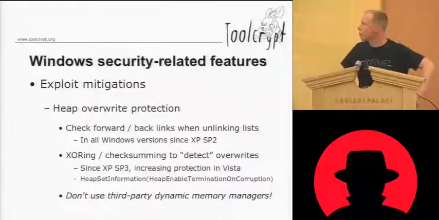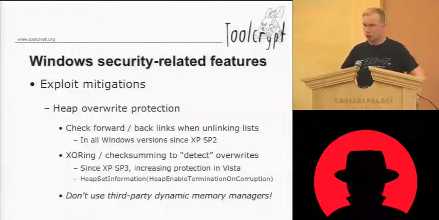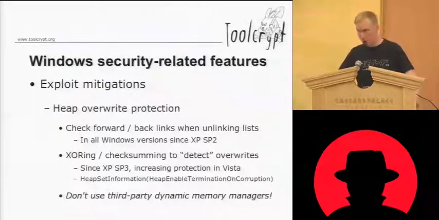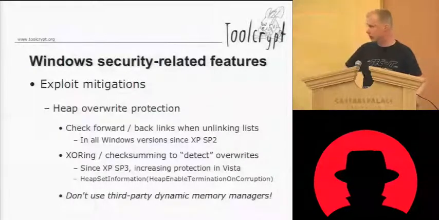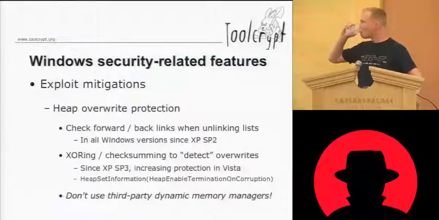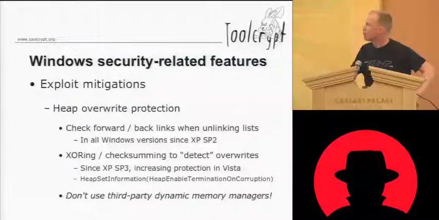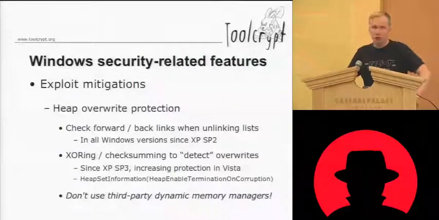So just as with the /GS protections in the toolchain, in Windows, in the default heap handler, Microsoft have implemented some exploit mitigations to try to prevent a buffer overflow on a heap allocated buffer from becoming a large security problem.